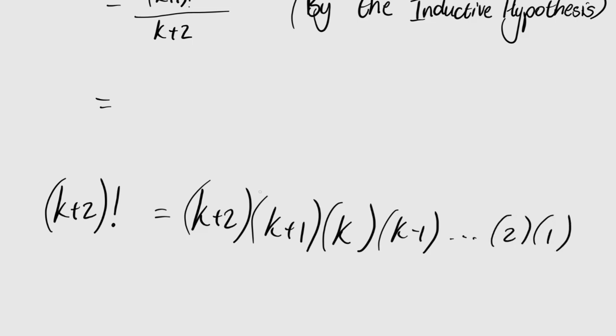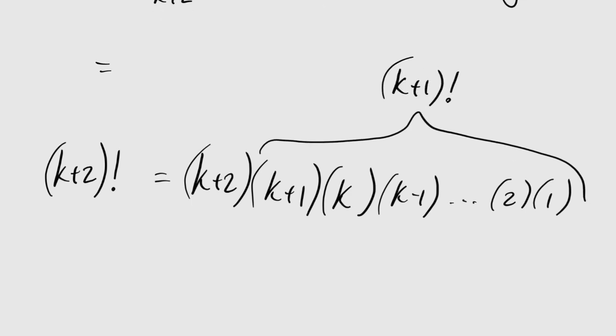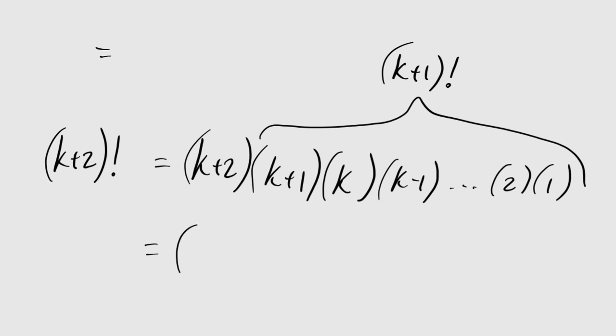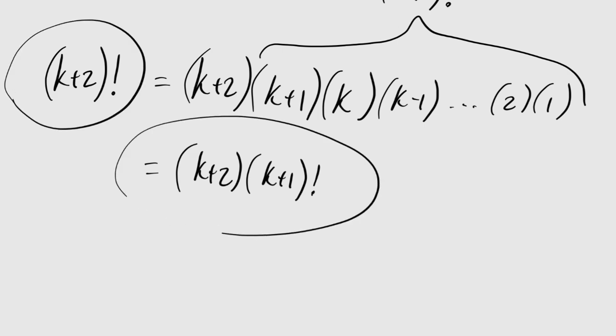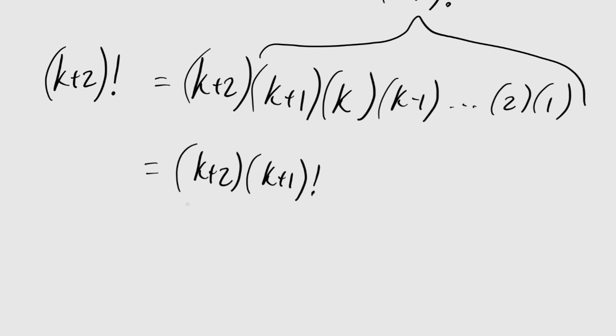But what you should notice is that this whole part is just (k plus 1) factorial. So (k plus 2) factorial is equal to k plus 2 times (k plus 1) factorial.